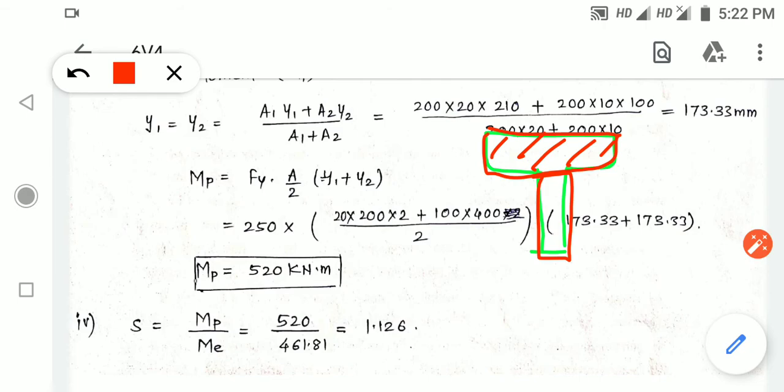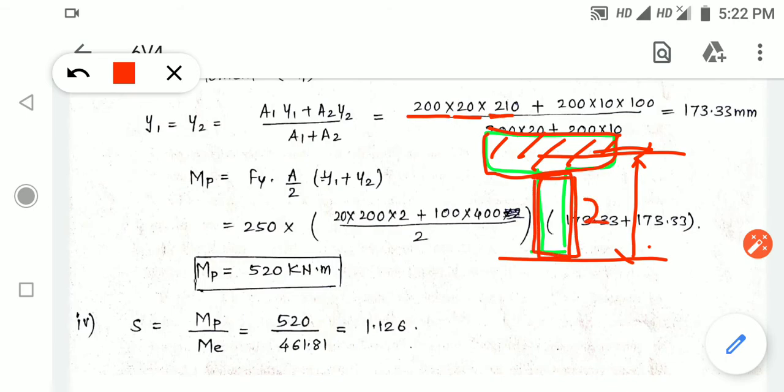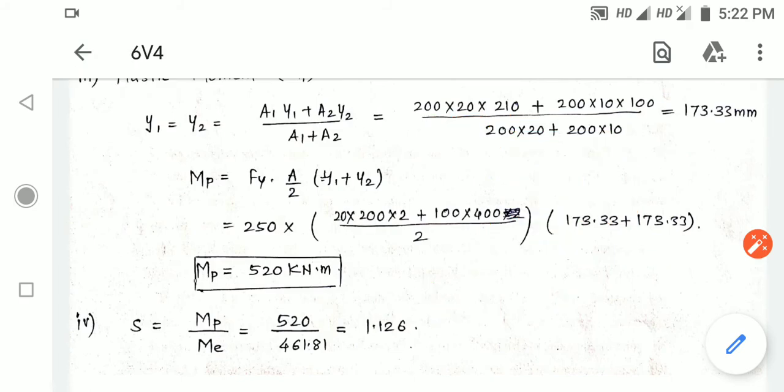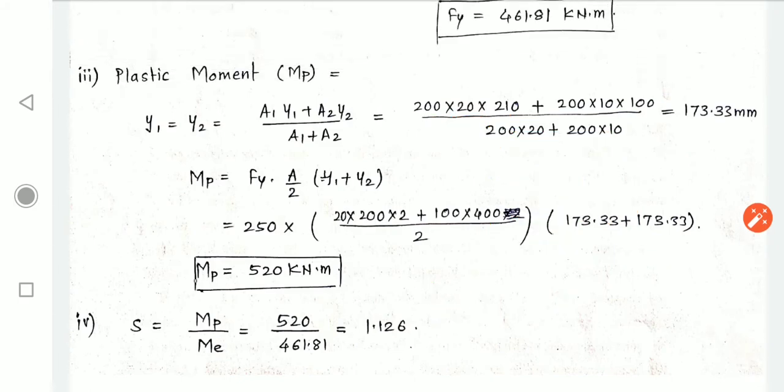So for the first rectangular section, it will be 200 into 20 into the distance from center to this, which is 210. Then for the next rectangle, the depth is again 200 and the width is 10, and the distance from this center to this is 100, divided by a1 plus a2.